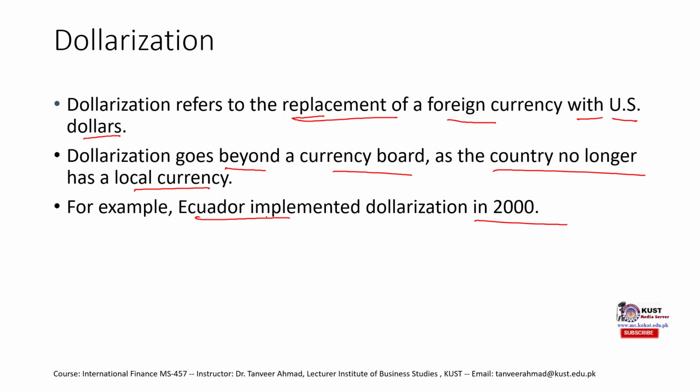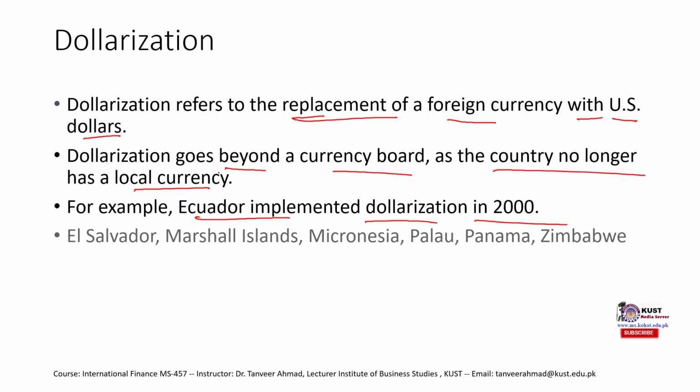They eliminated their own currency and adopted the US dollar. Other countries that have dollarization are El Salvador, the Marshall Islands, Panama and Zimbabwe. These countries do not have their own currency; rather, they use the US dollar.